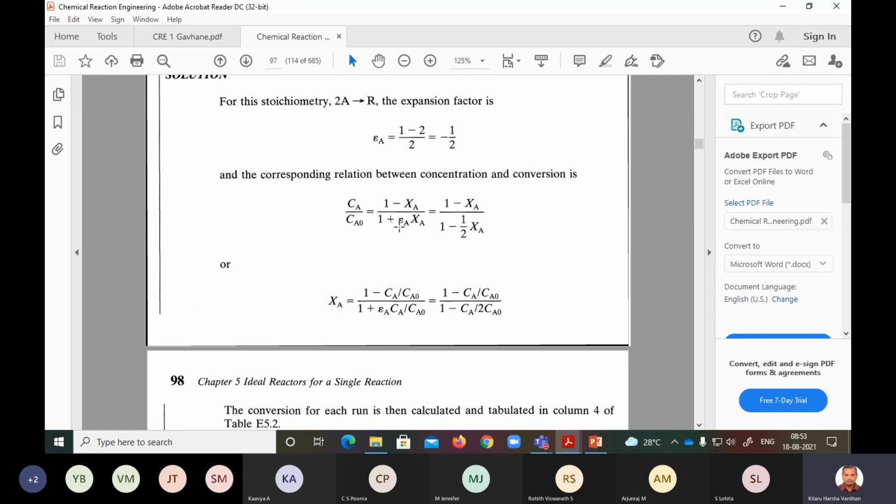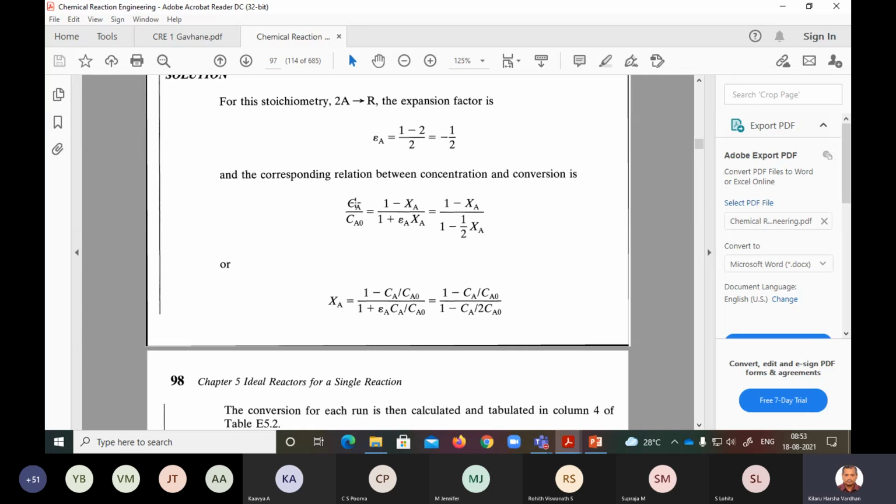If there is no gas phase change, this epsilon A will be 0, then Ca by Ca0 is 1 minus Xa. Then Ca is Ca0 into 1 minus Xa. That is the expression which you got. So substitute epsilon A as minus half. Then this comes like this: 1 minus Xa by 1 minus half Xa, or you can take the LCM, 2 minus Xa here, and if you multiply by 2 minus Xa it will come, right?